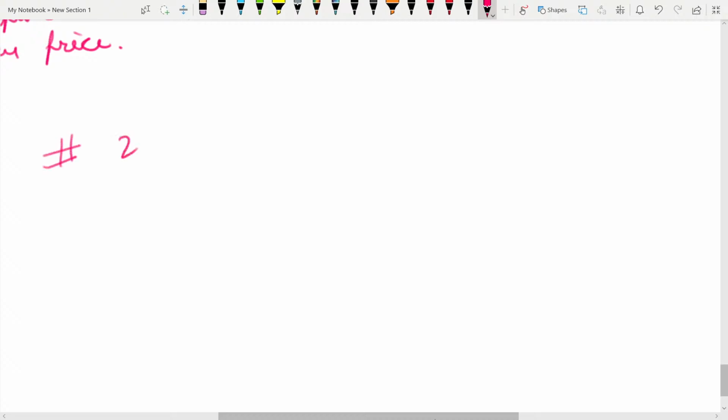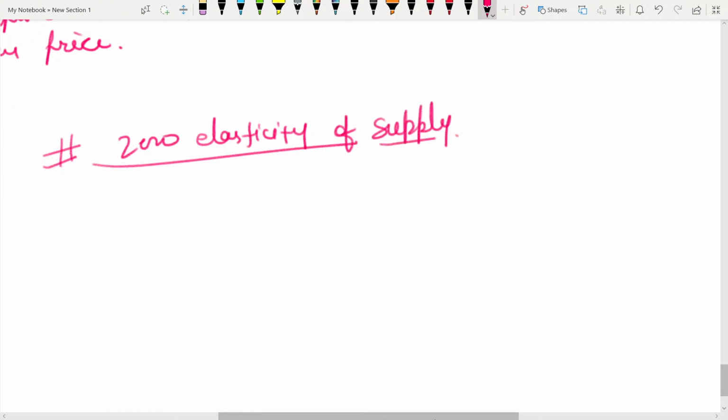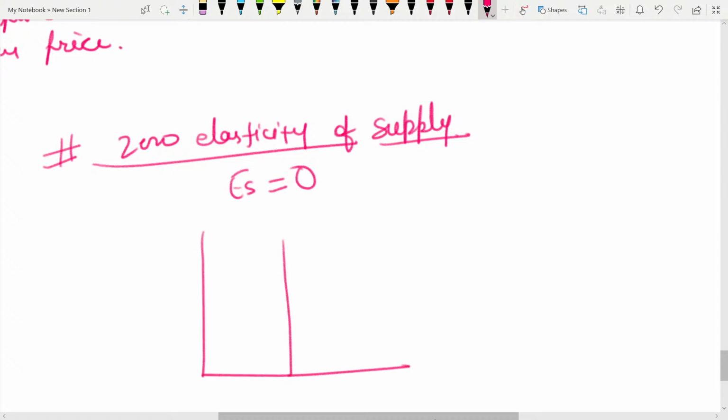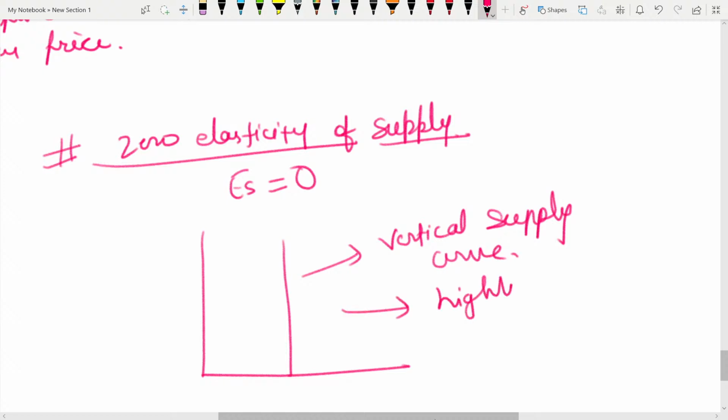Now, zero elasticity of supply. In that case, elasticity is equal to 0. That means a vertical supply curve, which is highly steep, and we can also say high slope.